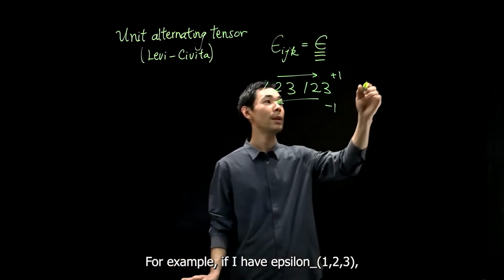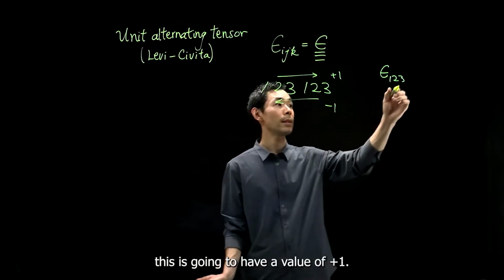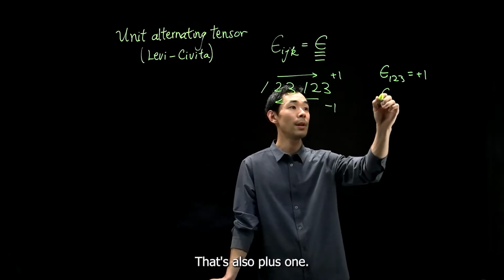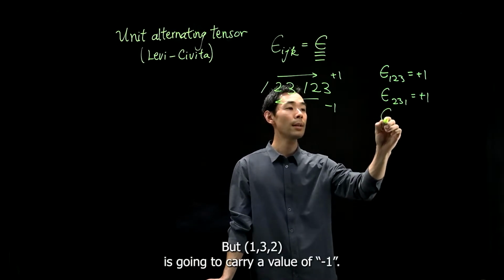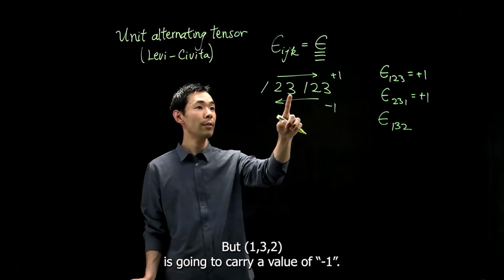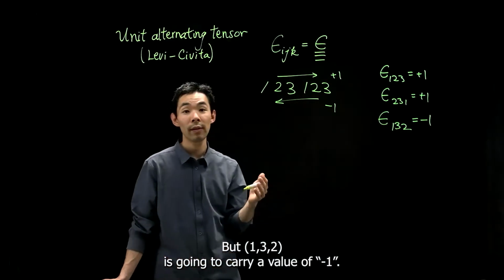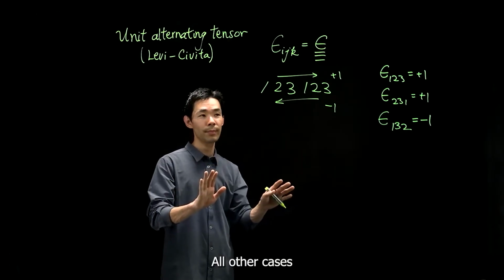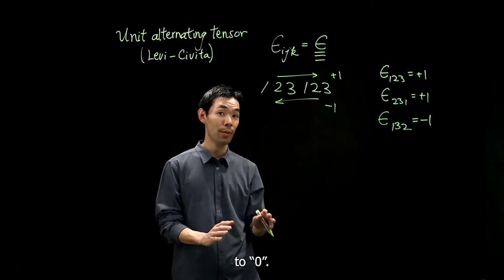So for example, if I have epsilon 1, 2, 3, this is going to have a value of +1. If I have epsilon 2, 3, 1, that's also +1. But 1, 3, 2, for example, this is going to carry a value of -1. And all other cases where you have any repeating index, the value is equal to 0.